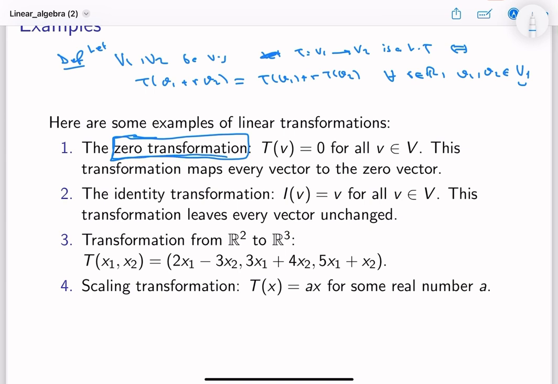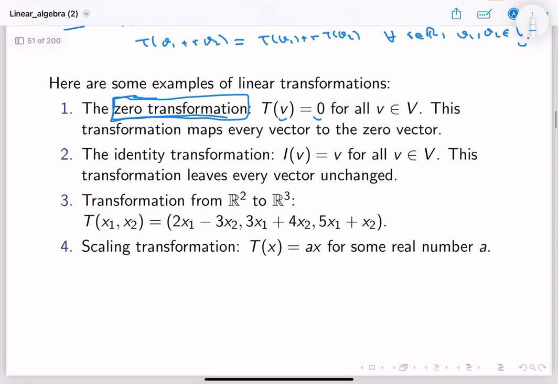The zero transformation is a linear transformation that takes every vector to zero, right? So let us write here why it is a linear transformation. Generally, let's say we have V1, V2 vector spaces, and the first example, T from V1 to V2, is defined as T of v is equal to 0 for every v in the domain.